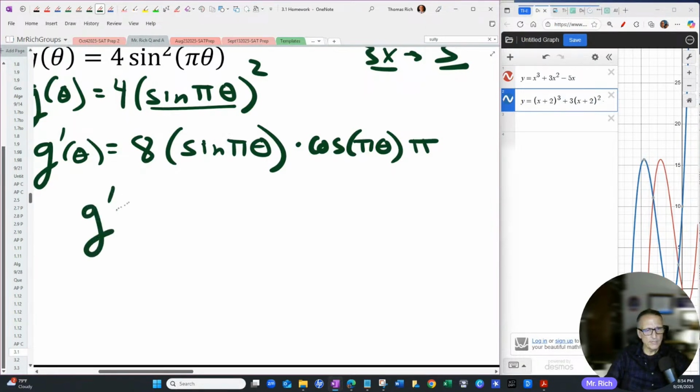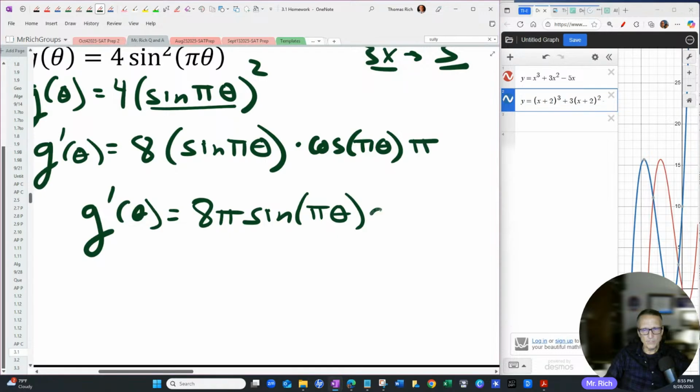So g prime of theta is, I'll move this pi to the front, 8 pi times sine of pi theta times cosine of pi theta. Okay, and that is the chain rule there.